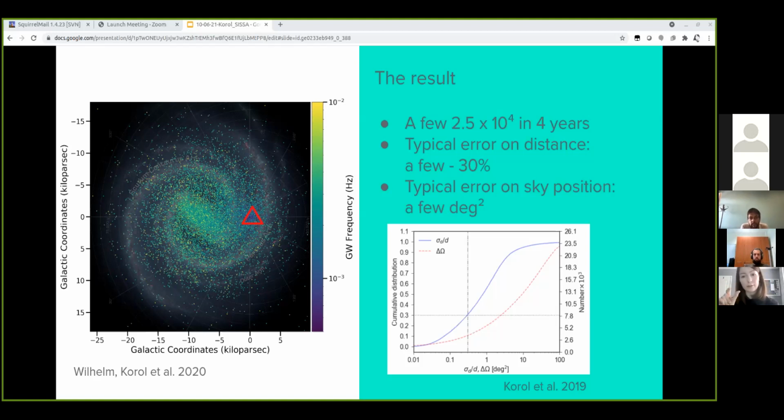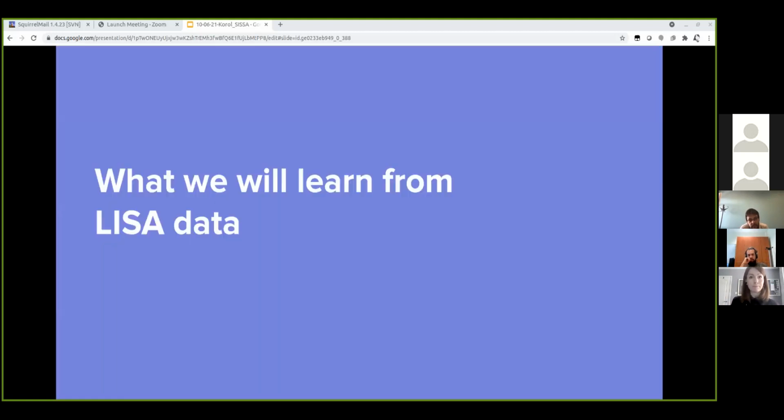And within that part of the sample, the sky position error for LISA was less than a few degrees. And this kind of error bars already allows us to perform galactic studies.